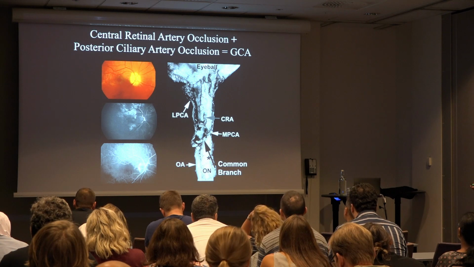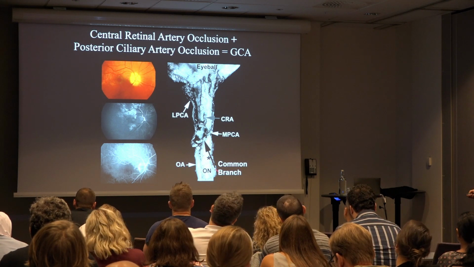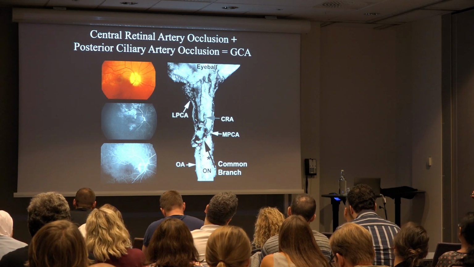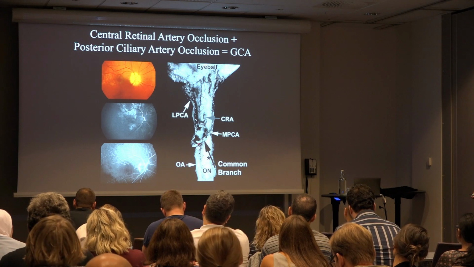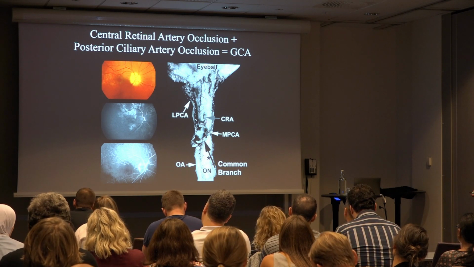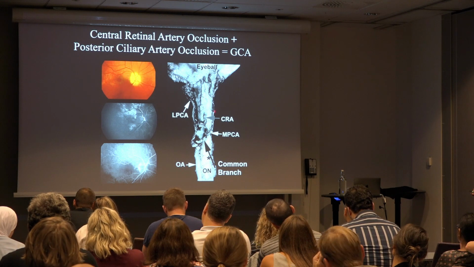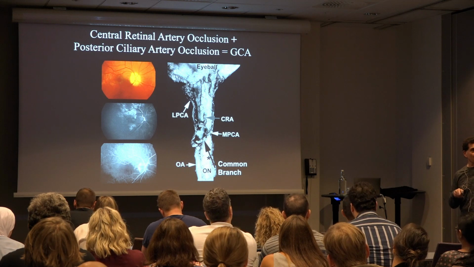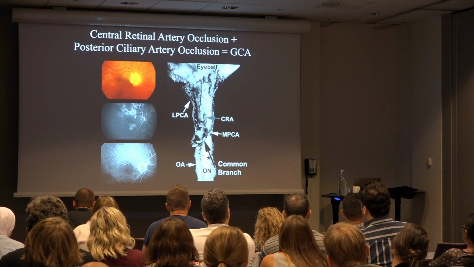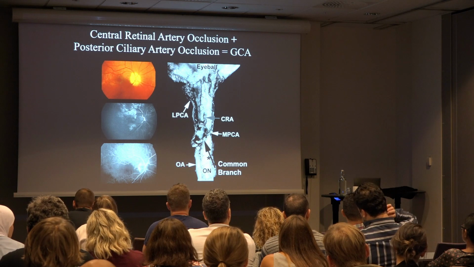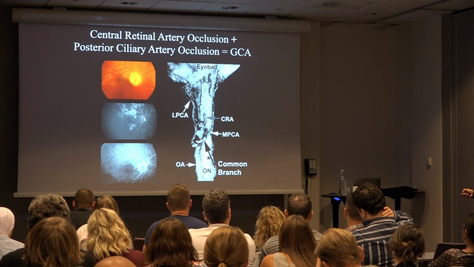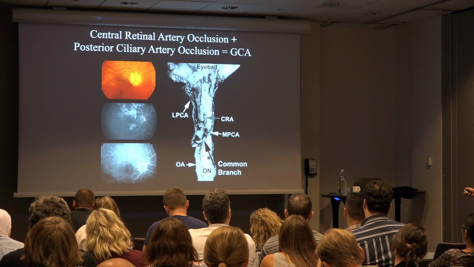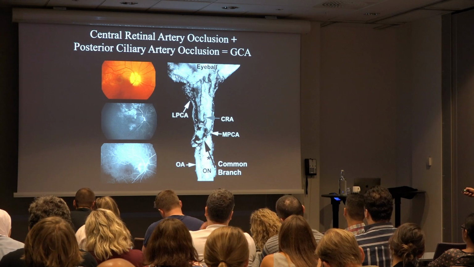And remember, I showed you in that anatomy slide, and I said I would come back to it, the common branch. So many people have a common branch that comes off the ophthalmic artery that supplies both the central retinal artery and one of the posterior ciliary arteries. So every case that's been known and reported where there's a central retinal artery occlusion due to giant cell arteritis is from a common branch occlusion that not only occludes the central retinal artery but also one of the posterior ciliary arteries.